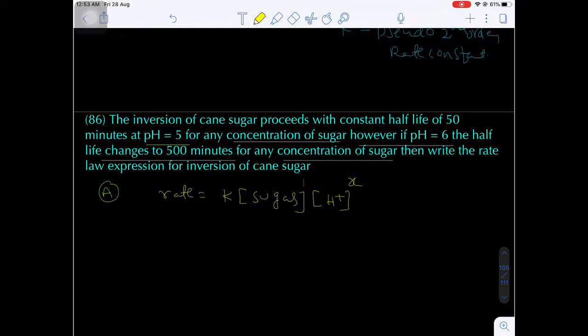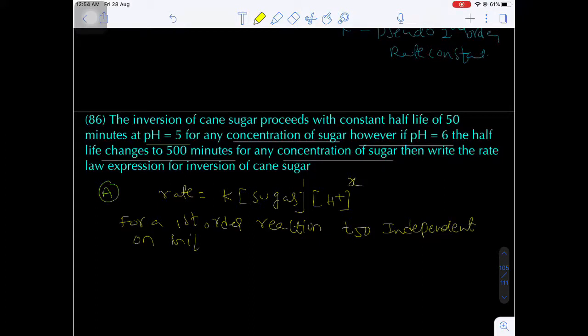Here the key important point: for a first order reaction, T50 is independent of the initial concentration of reactant.